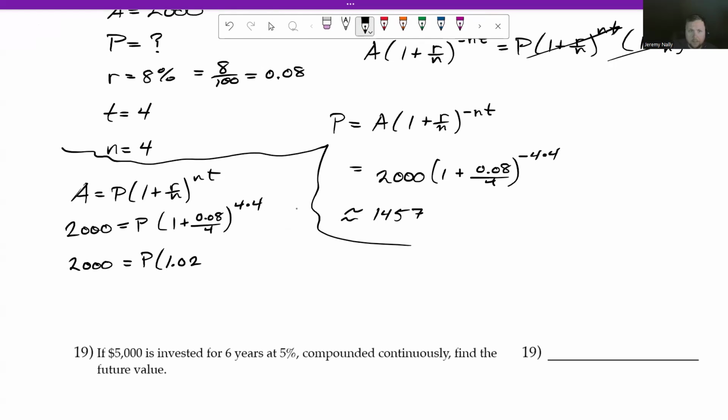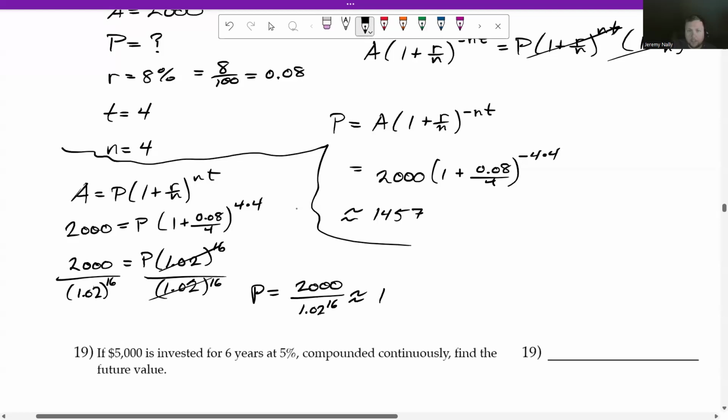That's this. And then you just divide both sides by that. So these cancel out. So then your P is 2,000 times 1.02 to the 16. And then you're still going to get this 1,457. Yep. Okay.